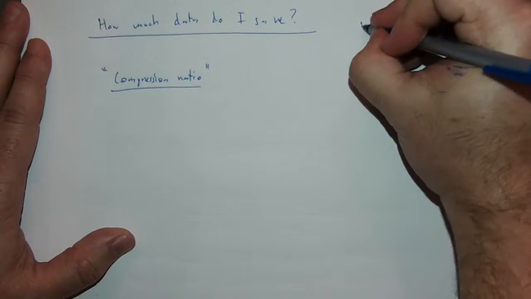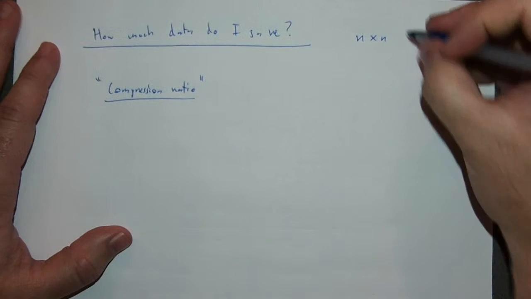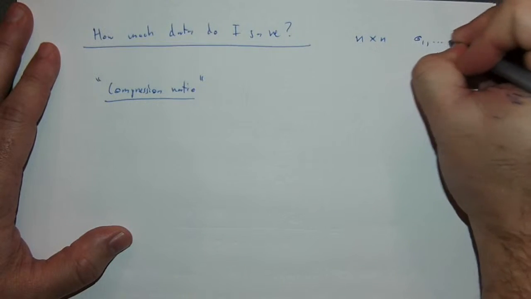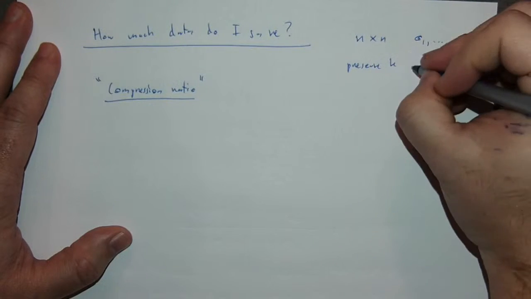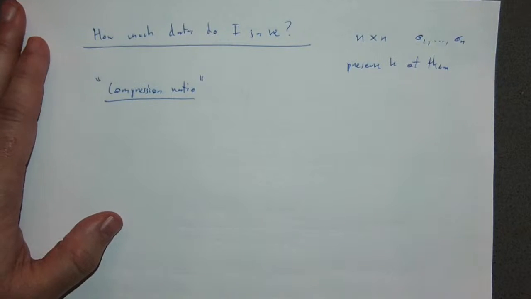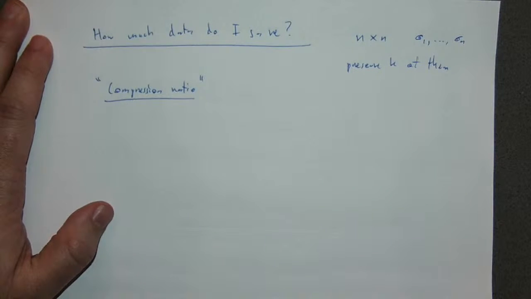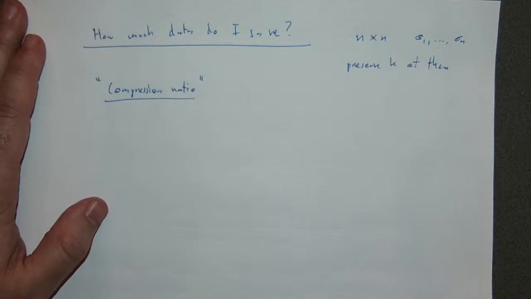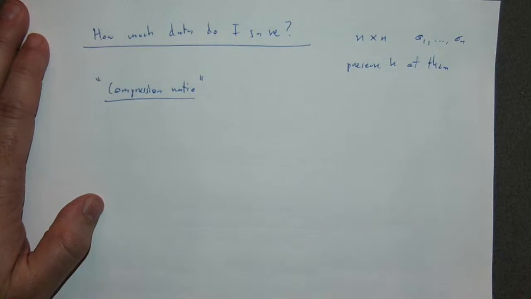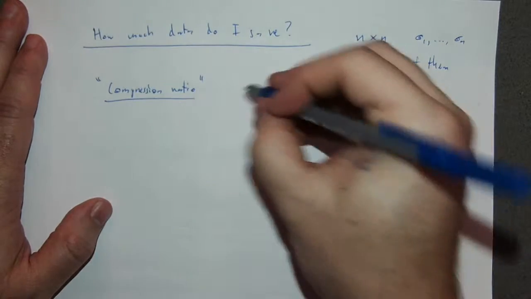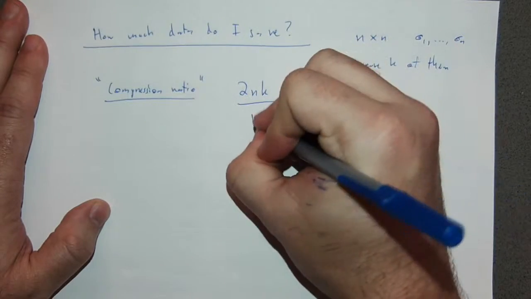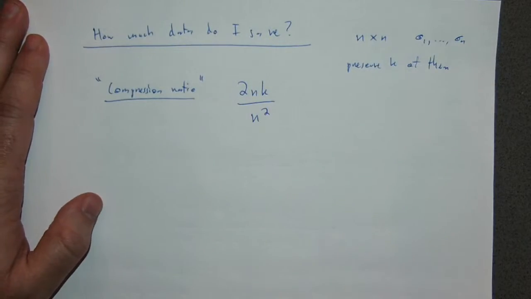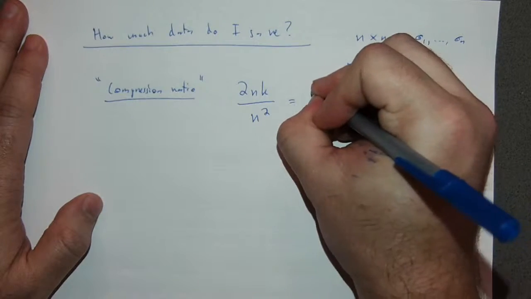If the matrix I start with is an n by n matrix, that is, I have n singular values, and I preserve k of them, then there's an argument for why this compression ratio tells me how much space I've saved. My compression ratio is 2nk over n squared, which I can simplify to 2k over n.